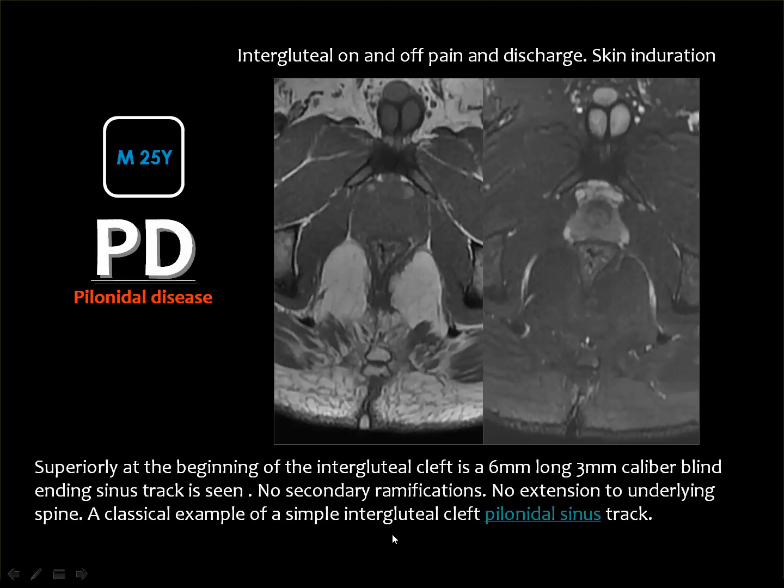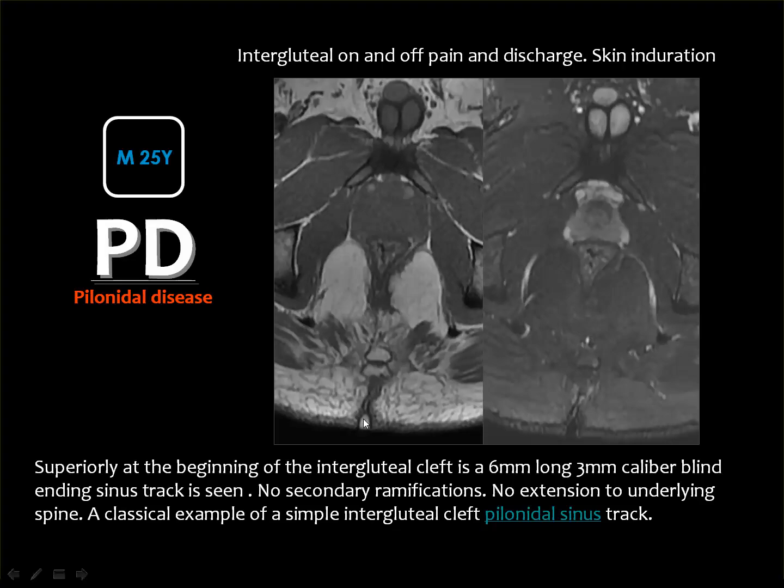Then actually pilonidal disease or pilonidal sinus is just an inflammation in the subcutaneous area which may induce a blind tract that is not connected to the inner structures, and this is the sinus.